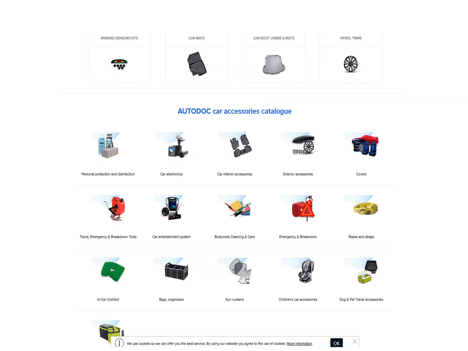The other things that the company did, which I was marketing, was a range of auto accessory products, including car covers, bags and organizers, in-car comfort accessories, dog and pet travel accessories, emergency breakdown lights, and so on and so forth. So the company did a range of auto accessory products and mechanical security devices, specifically targeted at cars.